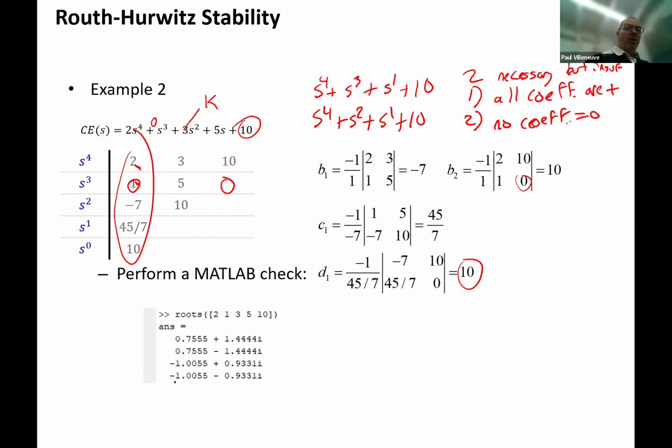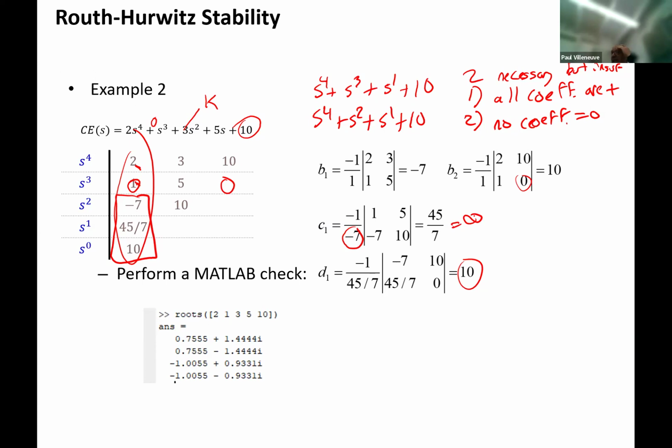Now, it's possible that you could end up with a 0 over here, right, in that first column. And the problem with that is if we have a 0, then one of these terms, let's call it the C1 term, when you multiply by the -1 over that first column coefficient, you're going to end up with a 0. So this is always going to be equal to infinity, right?